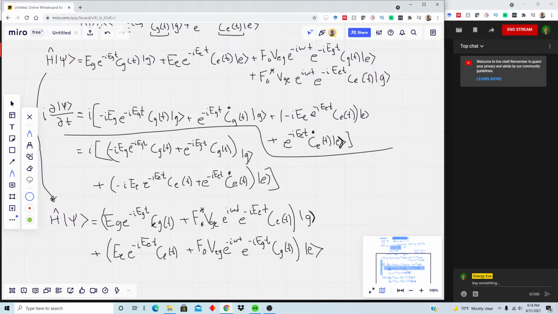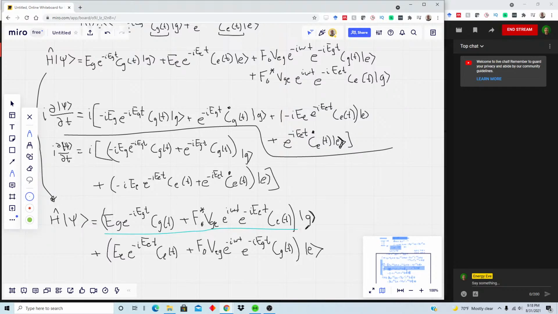Okay, and so now the one thing to note. So remember this term is denoted for here. Remember that these two are equal to each other, right? For the Schrodinger equation. And so for things to match, in order for these two things to be equal, this term right here, I'll maybe denote it in this color.